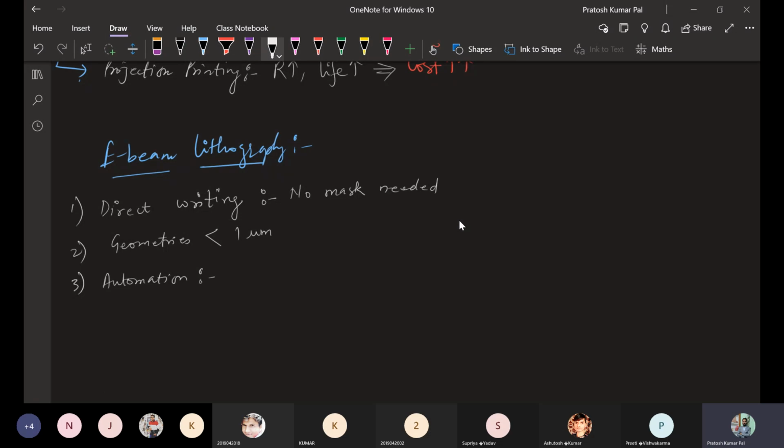But in case of e-beam lithography, as no mask is needed, there is no need of alignment. That means this process can be automated.